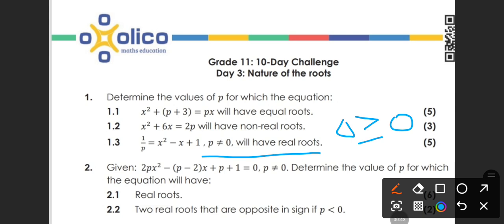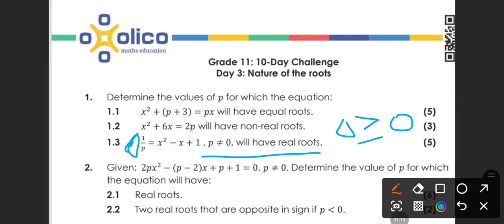Now, what do we do? We ask ourselves: is this equation in standard form? No, it's not. We have 1 over p equals x squared minus x plus 1 and stuff. Remember how we do algebra, we always do the opposite of what's being done. Here we have 1 over p, so we do the opposite of dividing, which is multiplying, to get rid of the p on the left hand side.